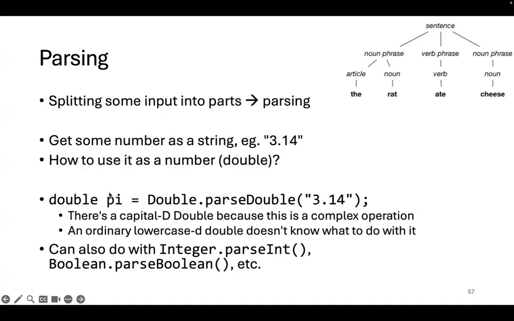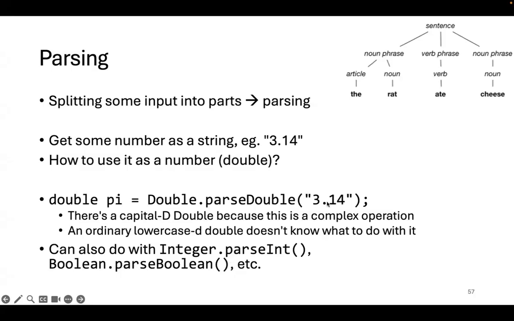Something you need to know for the lab is you can have this primitive type, like double pi, where pi is the name of this number. Then to actually do the parsing, we need capital D Double dot parseDouble, spelled like that. The capital D here matters.